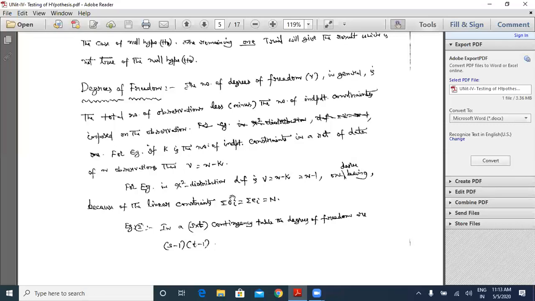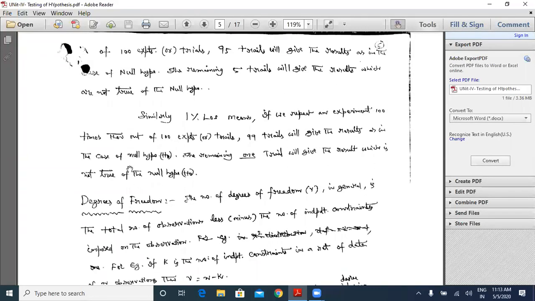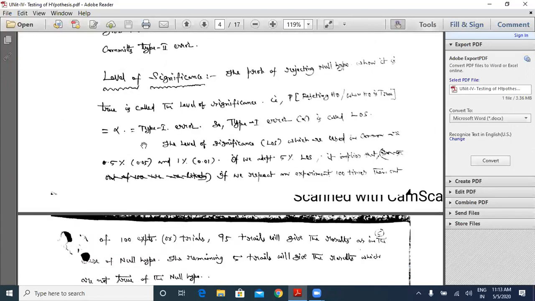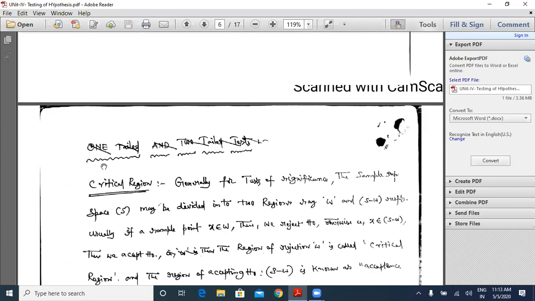In case of an s into t contingency table, degrees of freedom is (s minus 1) into (t minus 1). So this is another important thing. Level of significance and degrees of freedom are important from the examination point of view, so you learn these.